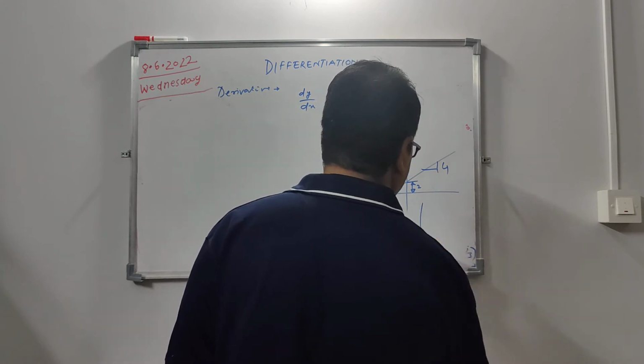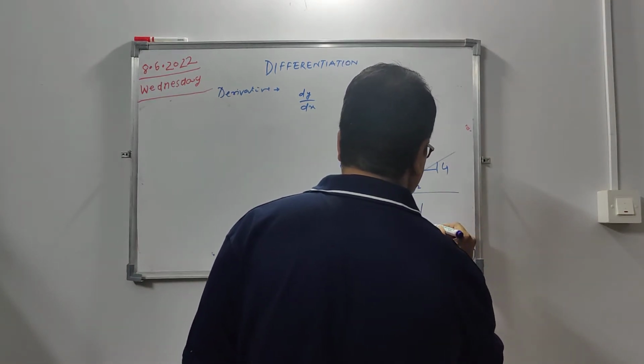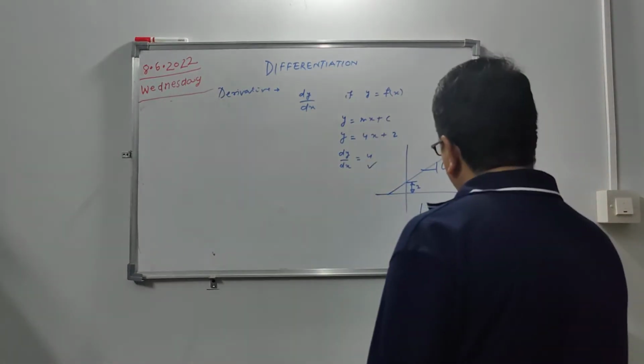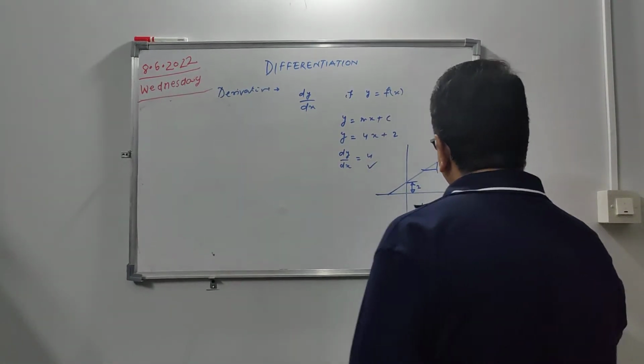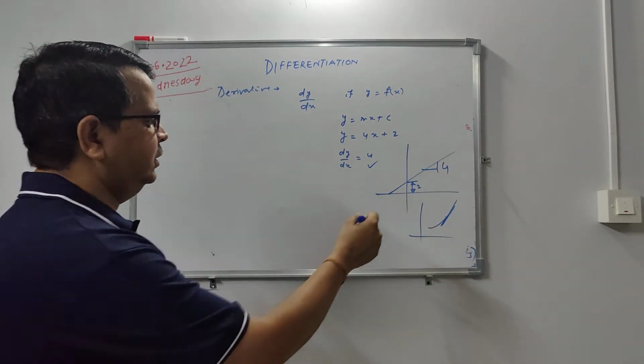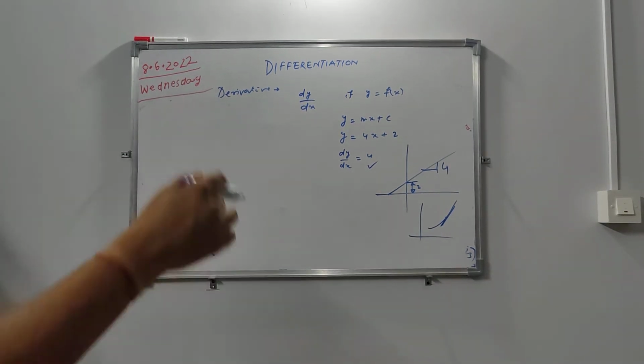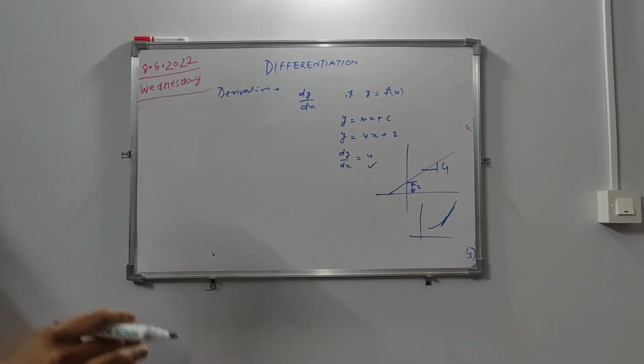Similarly, this is a straight line, but you can have a curve. At any point, if you draw a tangent, that is the slope of the line at that point. Because it is a curve, it is changing direction, which means it is changing slope. In a straight line it is the same direction.